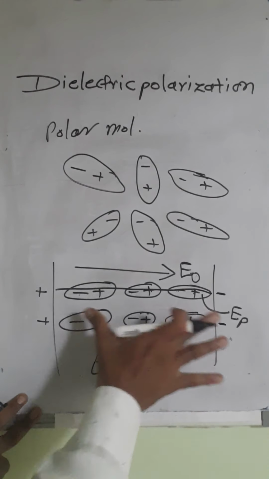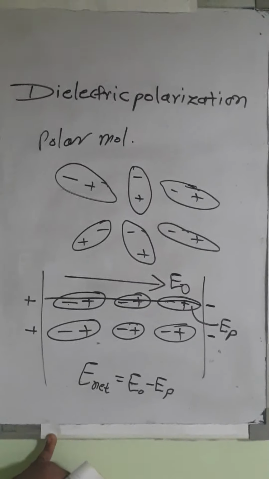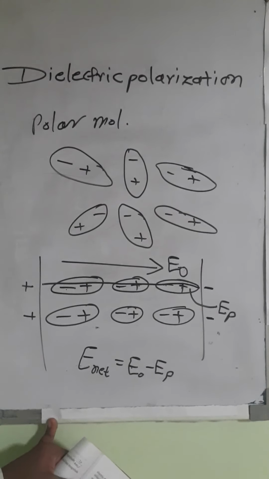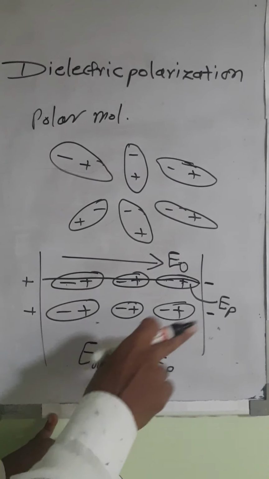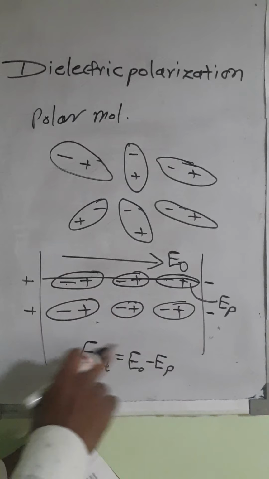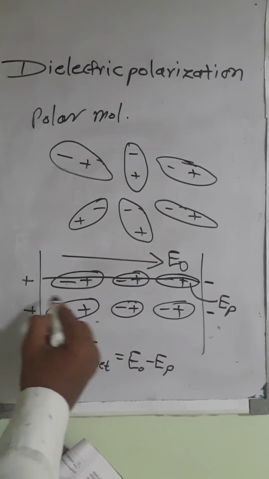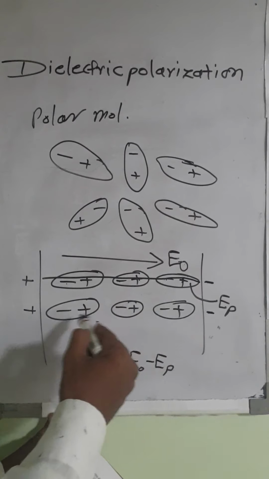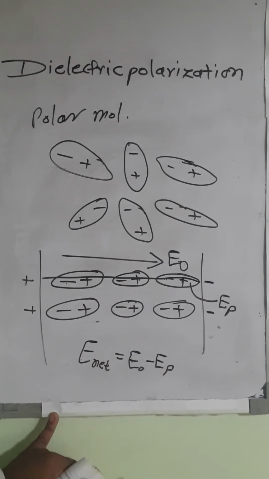So this is the net electric field about this capacitance. The alignment of the molecular dipoles in the direction of the applied electric field is called polarization. So this alignment takes place, and therefore it is called polarization.